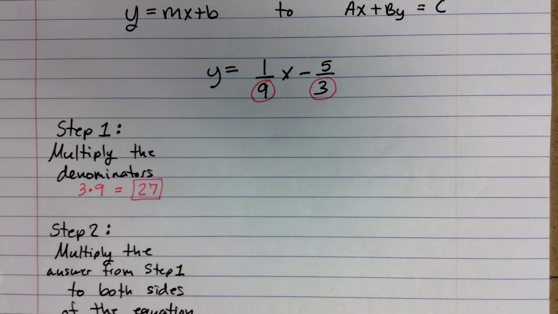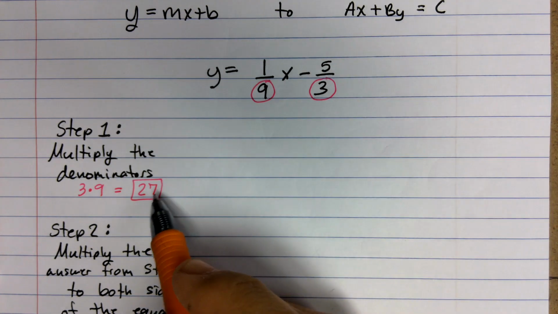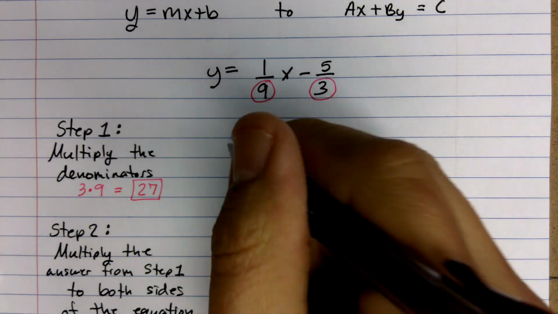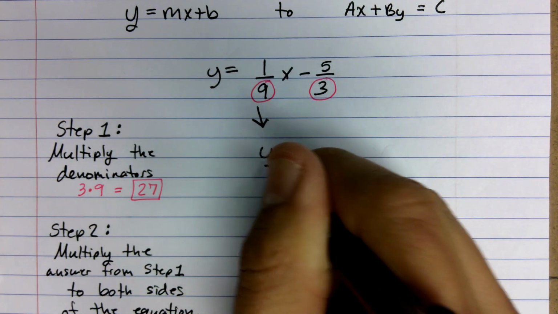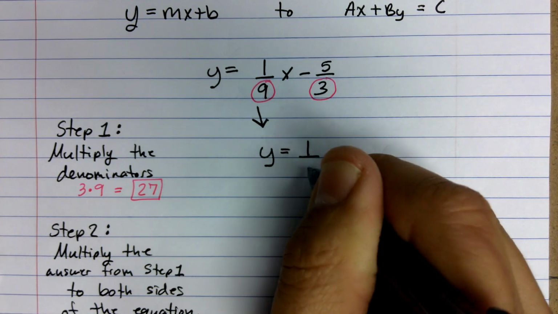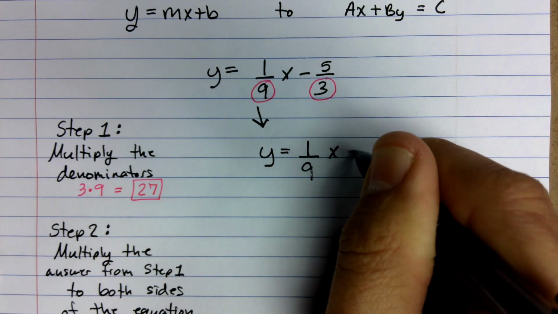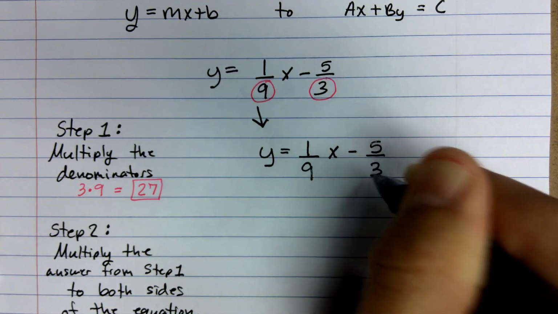Now, if I'm going to do that, well, we've got 27. So now that I finished that, I'm going to rewrite this equation right here. I have y equals 1 over 9x minus 5 over 3.